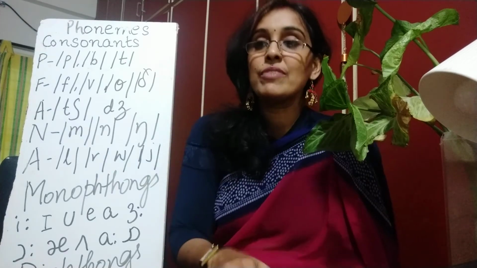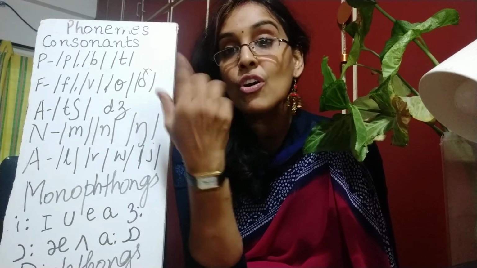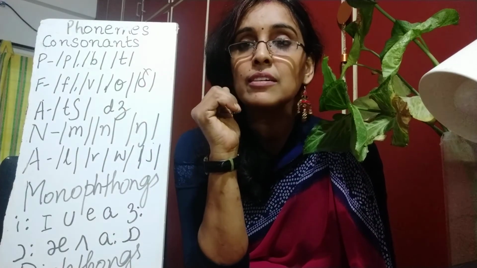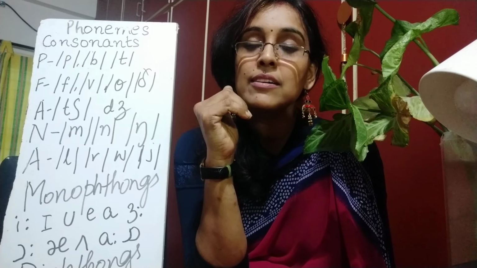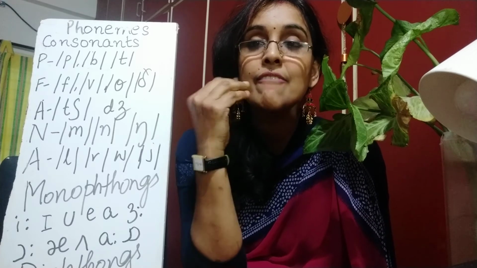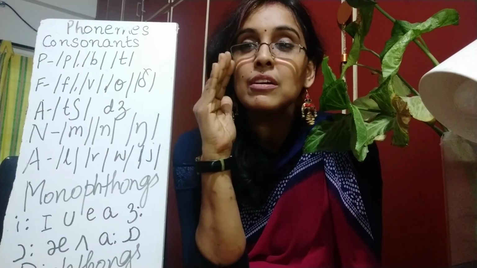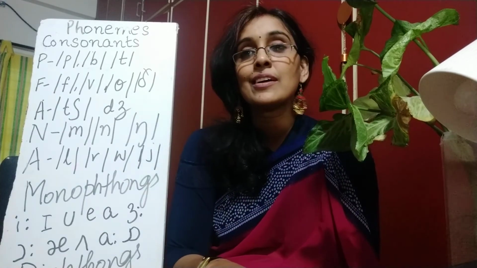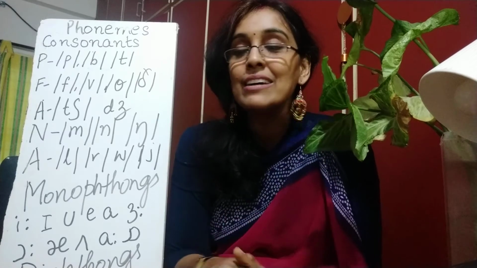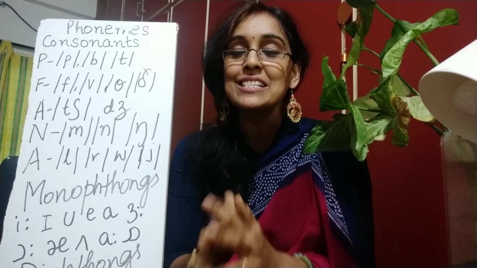Under vowel sounds, we have two categories, as I said: monophthongs and diphthongs. Monophthongs are sounds that are just single vowel sounds. Forget about what vowels are, just tell me what vowel sounds are. For Indians, it's easy to understand.